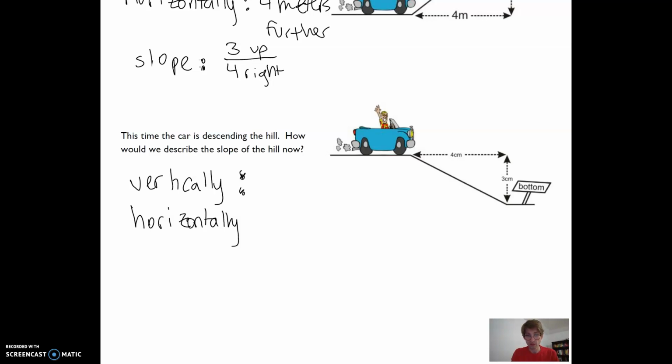Well, we got to use that word. Vertically, it's going down 3 centimeters. Horizontally, how are we changing? We're still going to the right 4 centimeters.